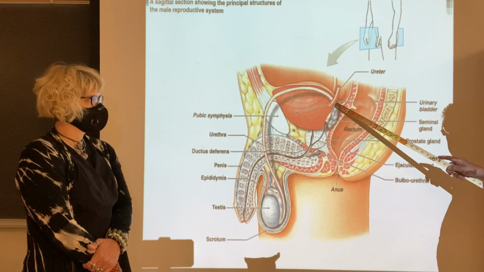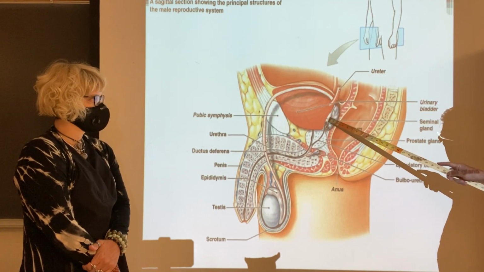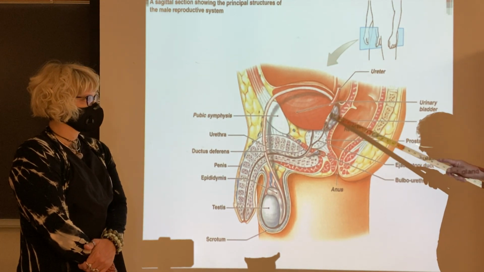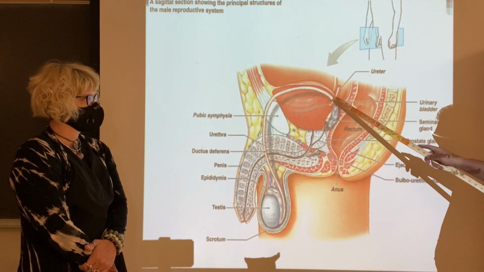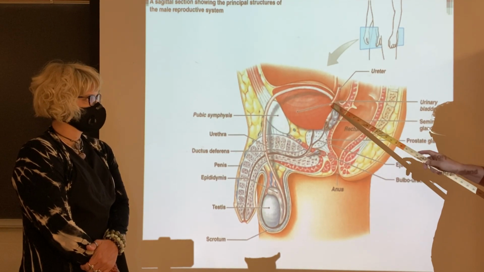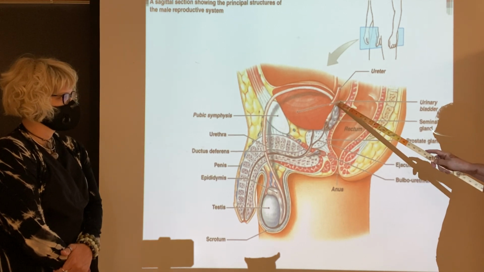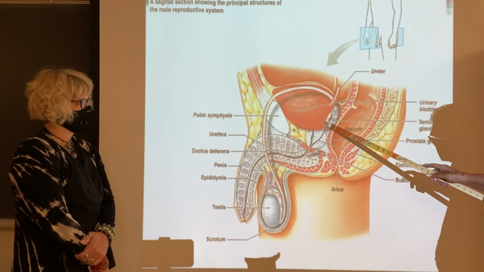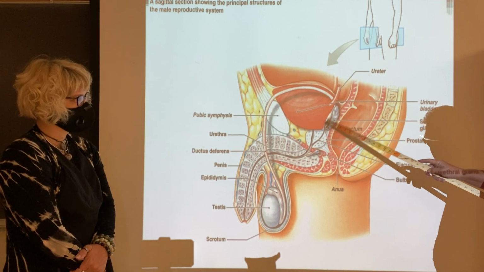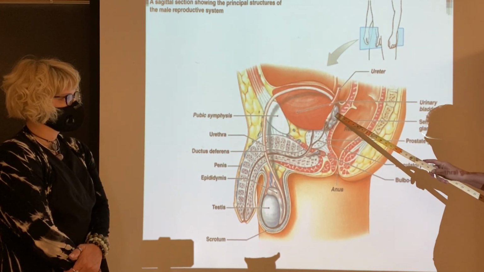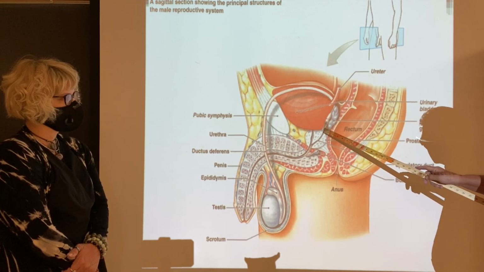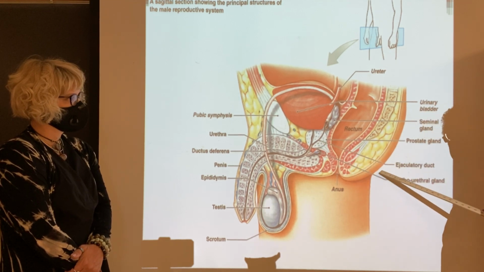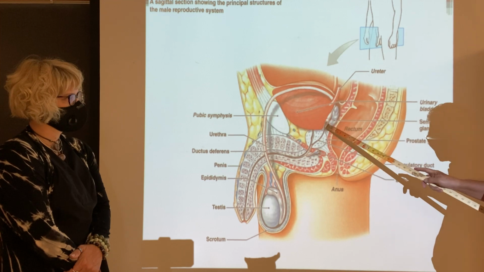When we see the cavern, as I call it, of the Ductus Deferens, it will join, and this is called an ampulla over here, it will join with the duct of the seminal vesicle to combine and form, as you can see, the ejaculatory duct.